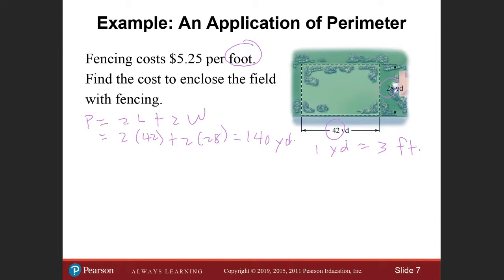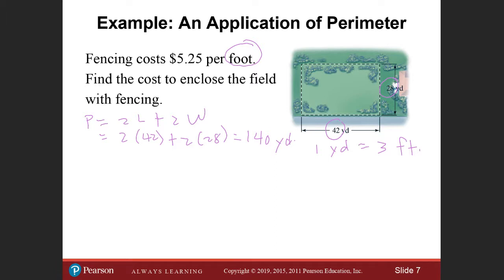When you see perimeter, it's the measurement around the shape, so you're just going to add all the sides. You can also say 28 plus 28 plus 42 plus 42. It will give you the same result, 140 also.